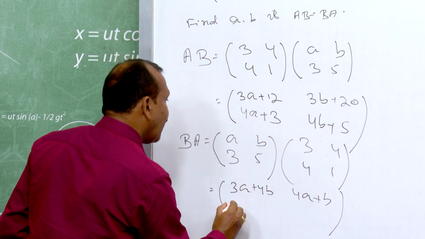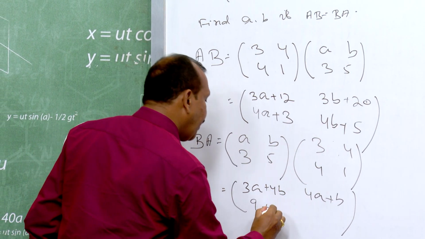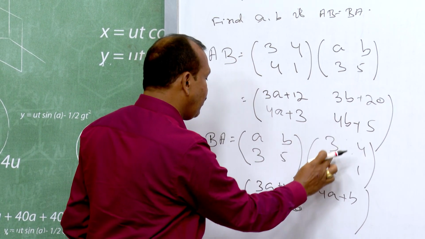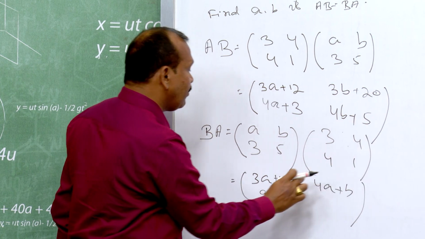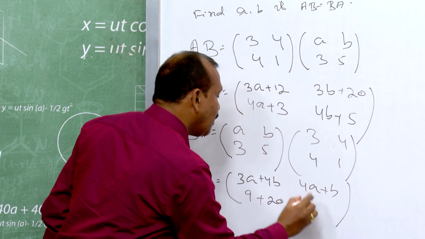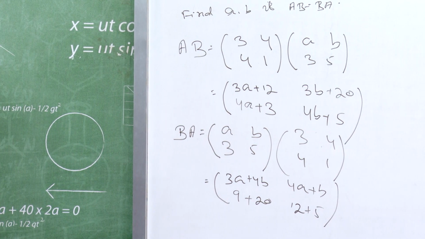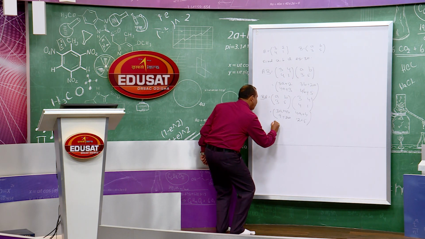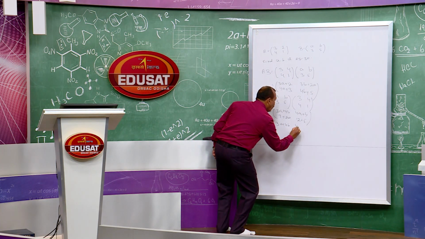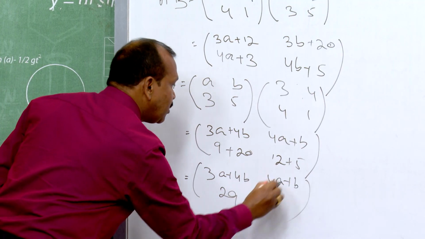Then the second row: 3 into 3 is 9 plus 20, and 3 into 2 is 6 plus 5. So BA is 3a plus 4b, 2a plus b, 29, 11.